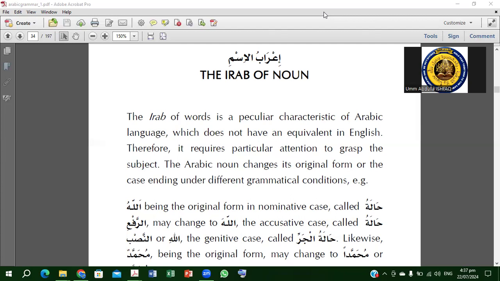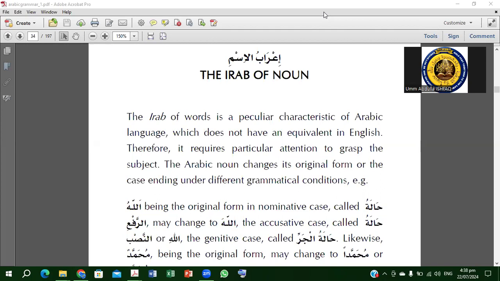Gender, number, and the type. Either it's a common noun or a proper noun, right? Gender means it's masculine or feminine. Number means is it singular, dual, or plural, right?